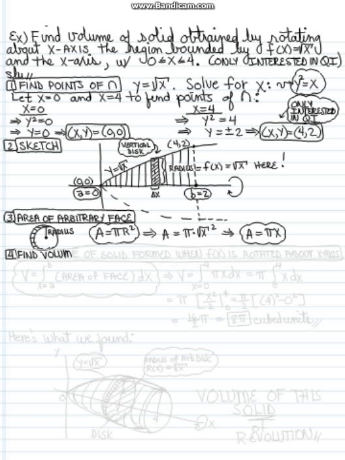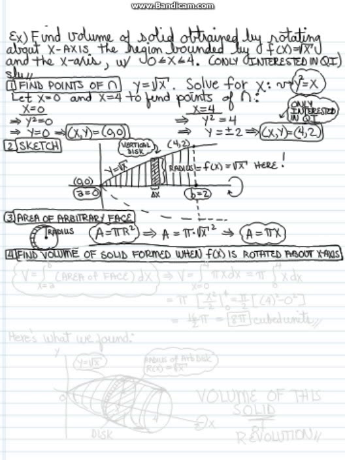Step 4, we're going to find the volume now by integrating over the distance from x equals 0 to x equals 4, not 2, even though I wrote it wrong on the graph. So we're finding the volume of the solid that's formed when we take f of x and rotate it about the x-axis.